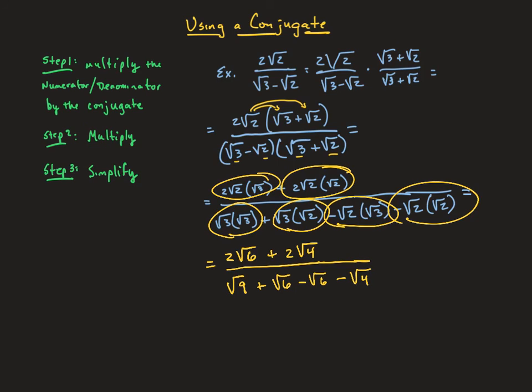So I have a positive and a negative square root of 6, so those two things are going to cancel out.